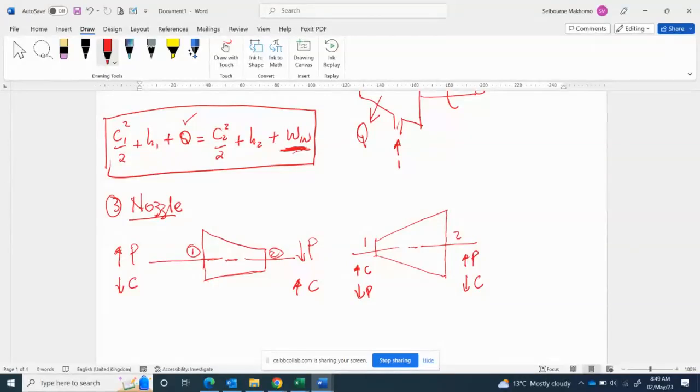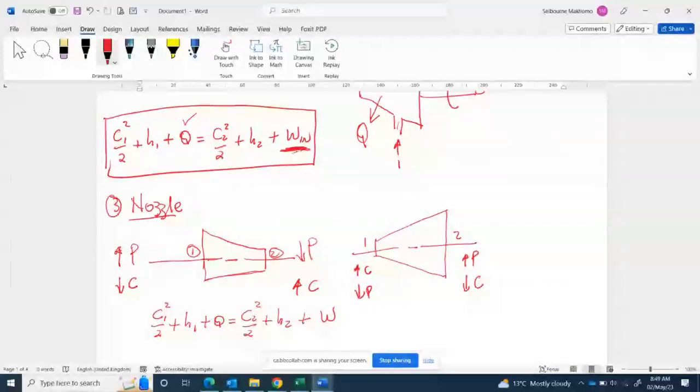This is the nozzle. Now let's apply the steady flow energy equation on the nozzle and see how it goes. So we will have C1 squared over 2 plus H1 plus Q is equal to C2 squared over 2 plus H2 plus work input or work output.